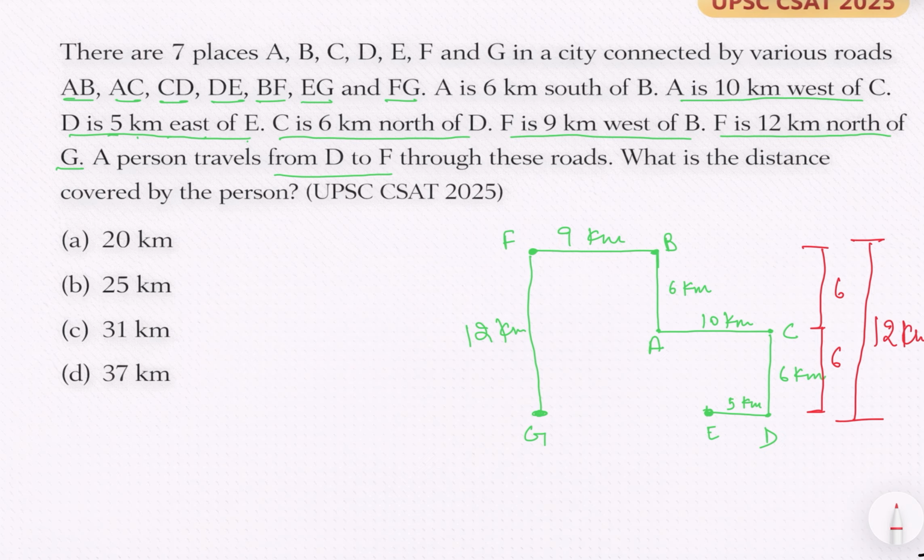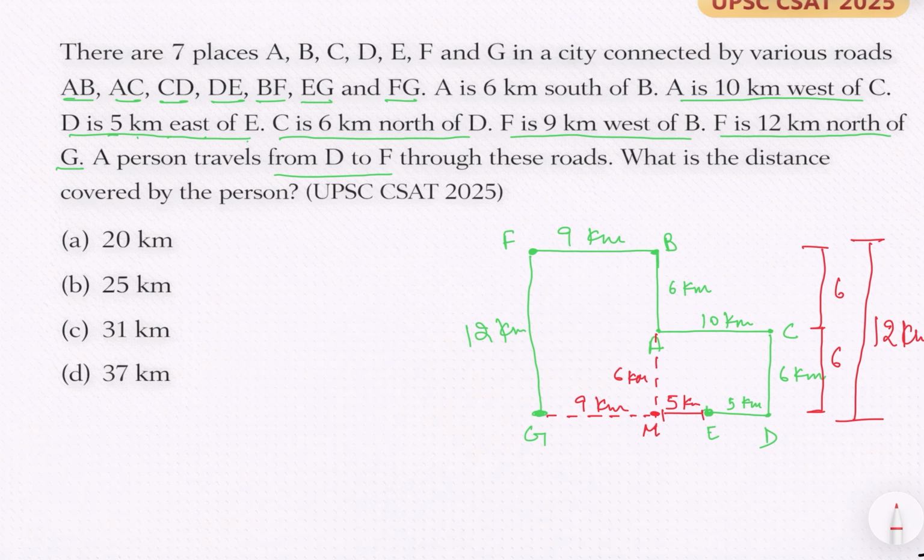Suppose here is M point. The distance between them is also 5 kilometer. A and M will be 6 kilometer, and the distance between G and M is 9 kilometer.